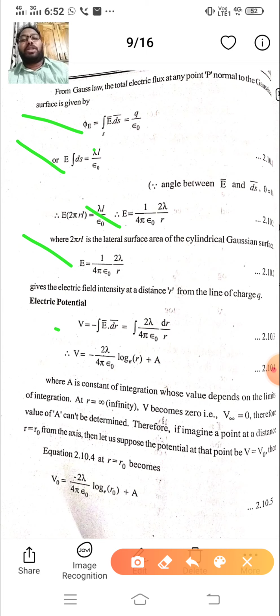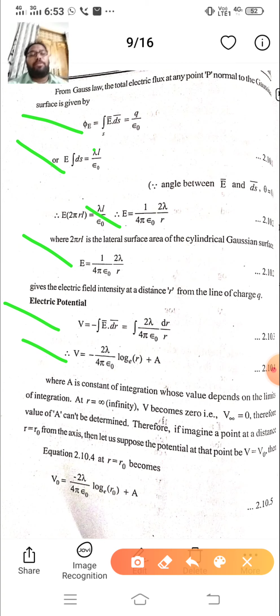Then electric potential: we already know the relation between electric field intensity and electric potential, V equals minus integral of E dot dr. Substituting E equals 1 by 4 pi epsilon into 2 lambda by R in this equation, we get V equals minus 2 lambda by 4 pi epsilon into log R plus A. To calculate A, where R equals R naught, V equals V naught.